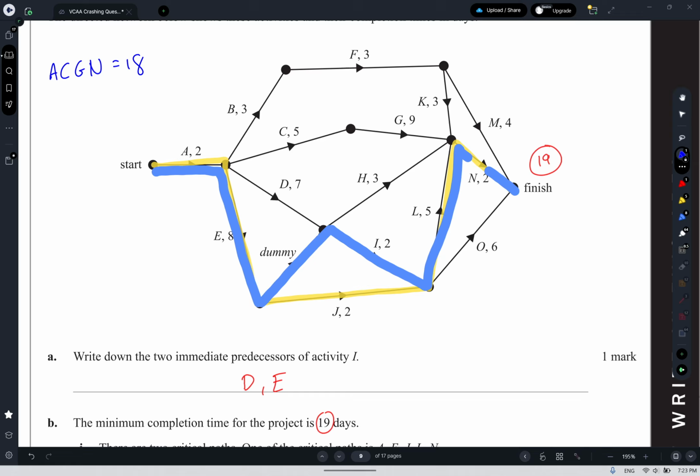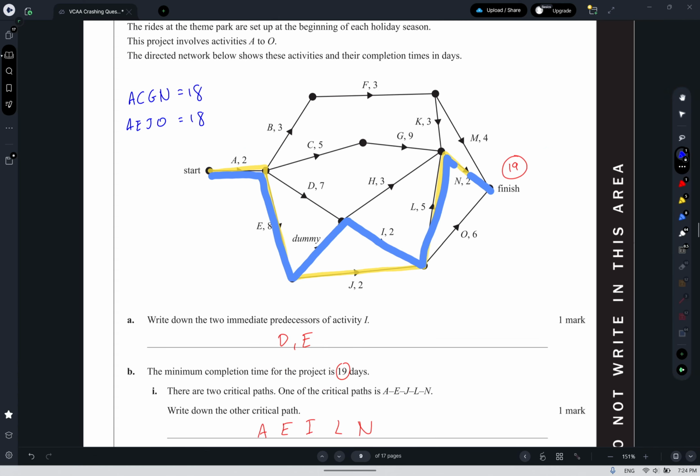So the 18 looks to be the next closest thing, and there's not evidently a lot of other closer ones. Maybe the O. If we did A, E, that would be 10, plus 2 would be 12, plus 6 would be 18. So the AEJO route is also 18. So I suppose that's another one to consider.